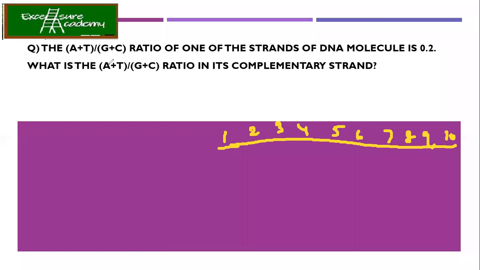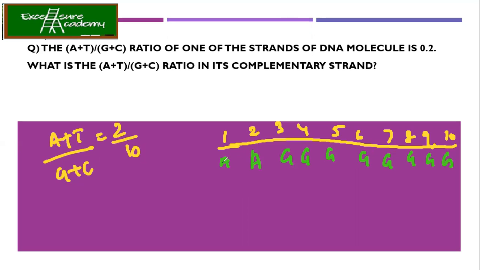So what they are saying, A plus T upon G plus C is your 2 by 10. I can write like this, correct? Now, A plus T should be 2 and G plus C should be 10. So I'll take A, and rest all will be G.